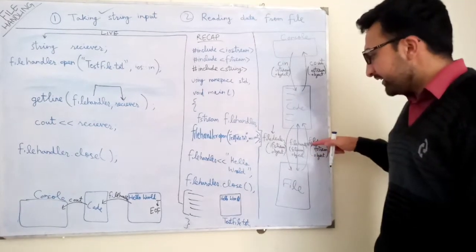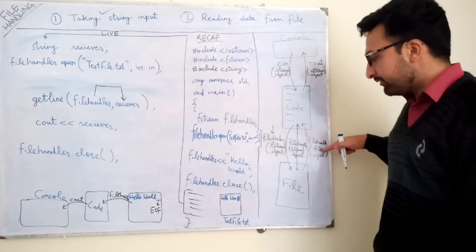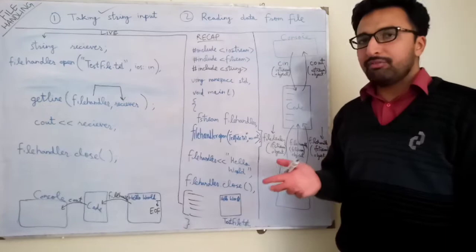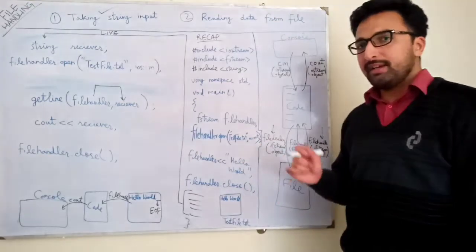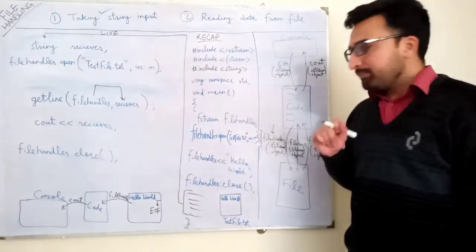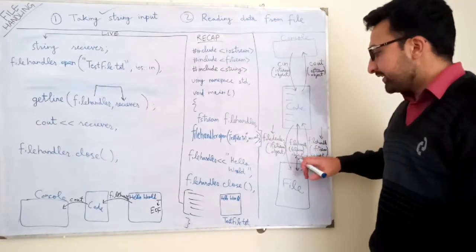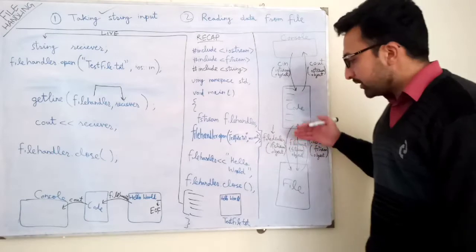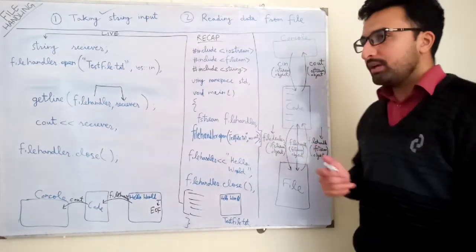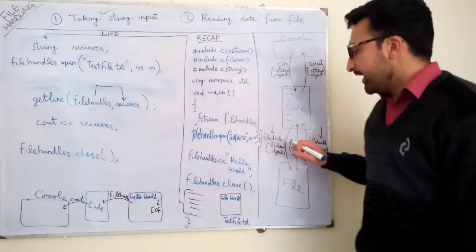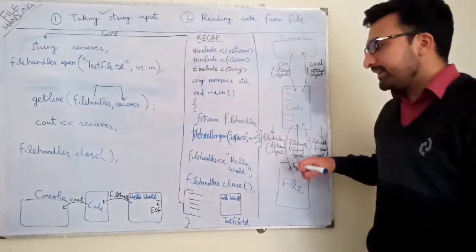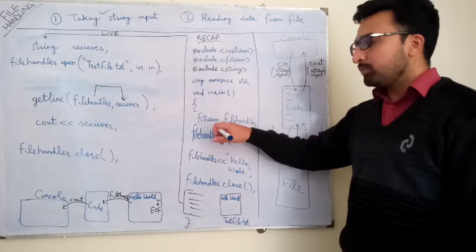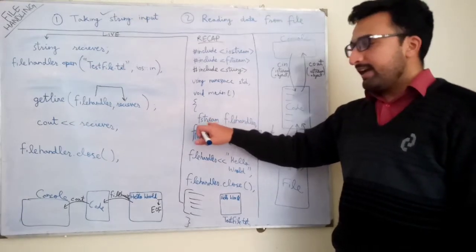So here, for example, if we had an ifstream object, we can define it ourselves. It is named file handle, for example. You can give it any name, file agent, any name. The third thing: when we want to write something onto the file as well as read something from the file through the same object, it should be of type fstream, and that is why we define our object file handler to be of class fstream.